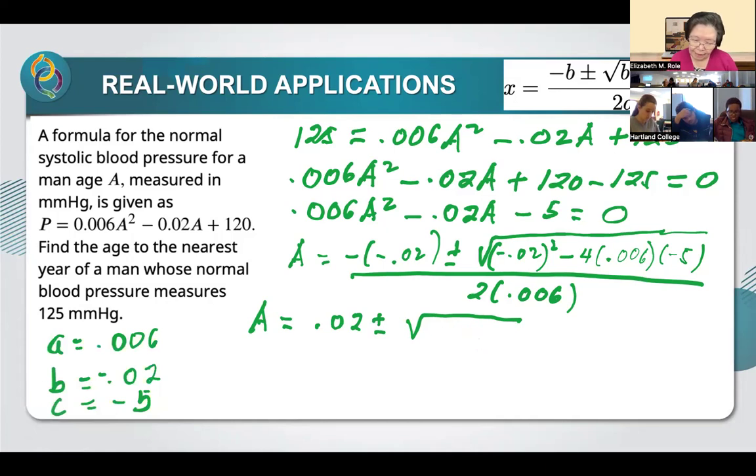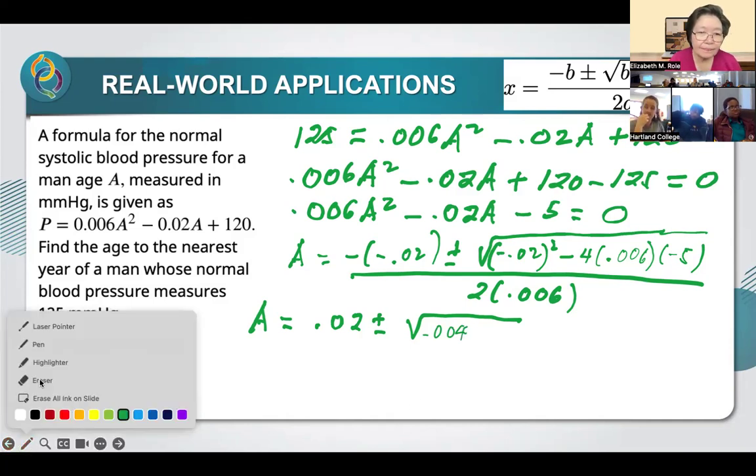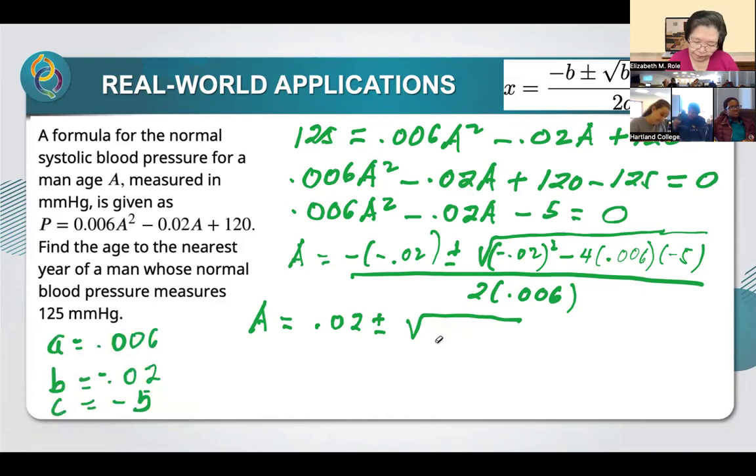So negative 0.02 squared is 0.0004. There are 3 zeros, right? 0.02 times 0.02.